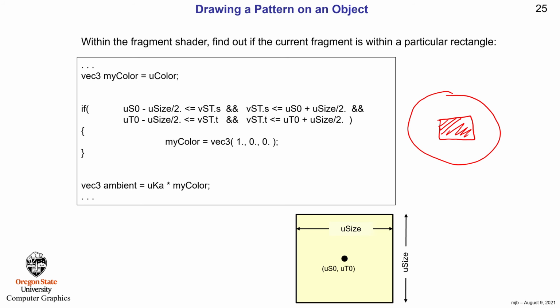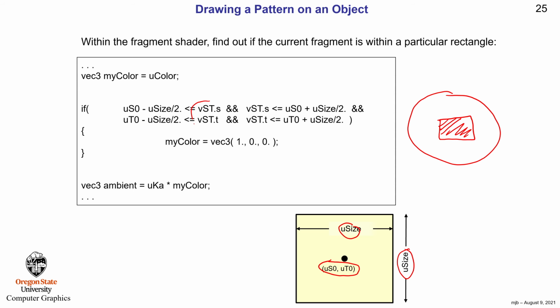So maybe we do a function of time and change those things. Well, what that says to us is the center position and the sizes better be uniform variables because you want to set those from the outside. You want it to change every frame. And so that's why they begin with a lowercase u. They're uniform variables able to be set from the outside.